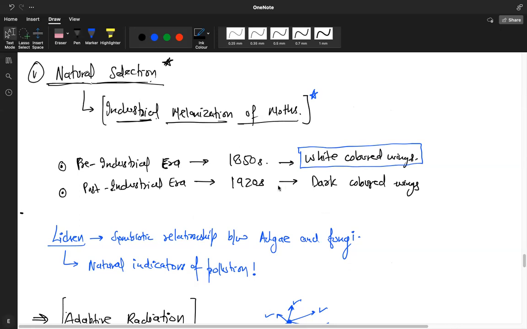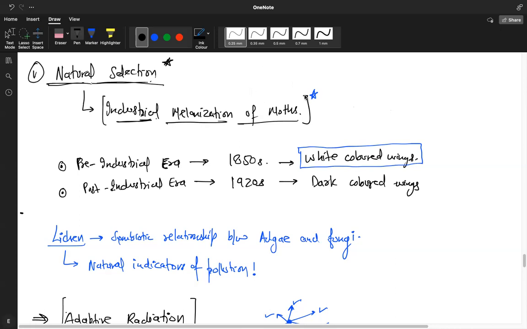This was observed, and the collection of moths showed the dark-colored winged moths had a higher proportion of camouflaging after the industrial era than they did before.